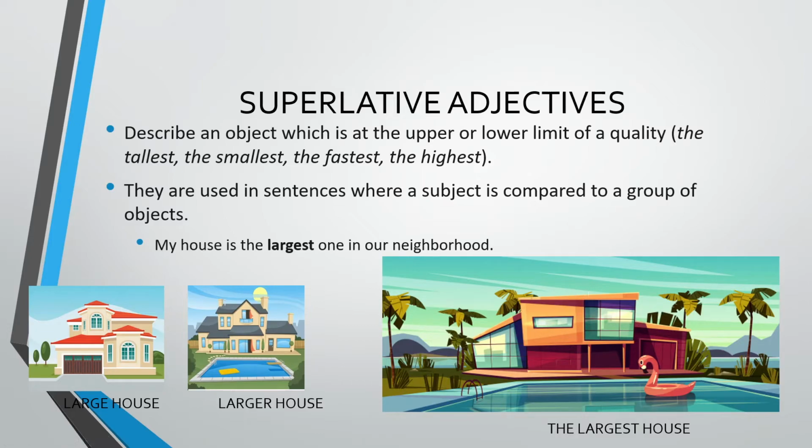So whatever there is the most of something, we use superlative. Paling cantik, paling tinggi, paling besar, paling hodoh, paling kaya, paling miskin. We use superlative. We use the and est at the back.